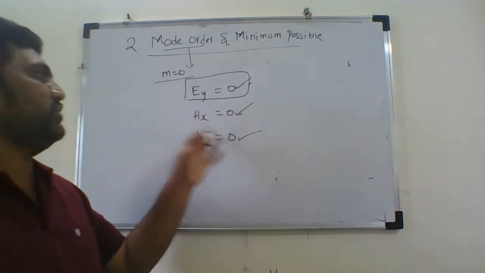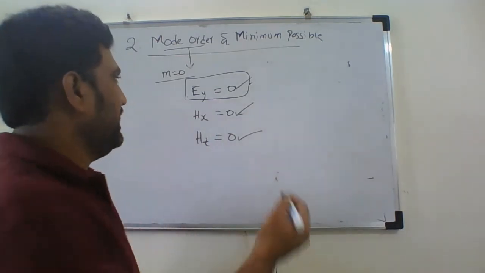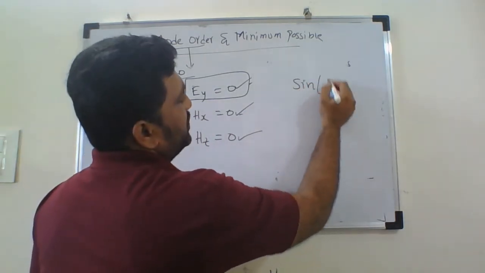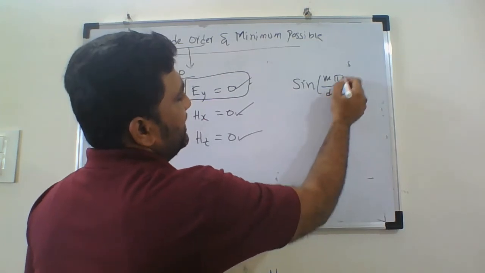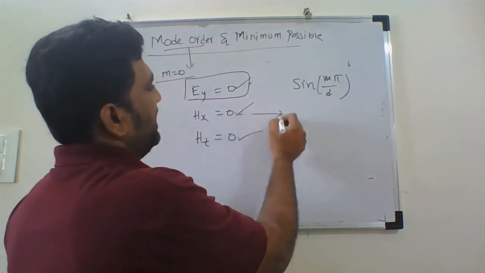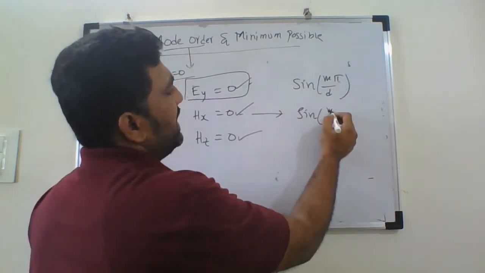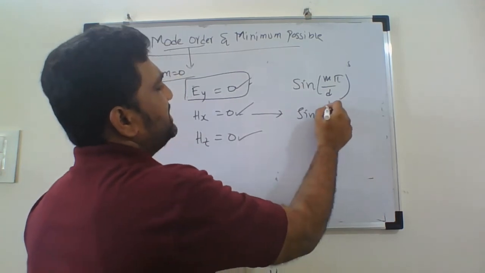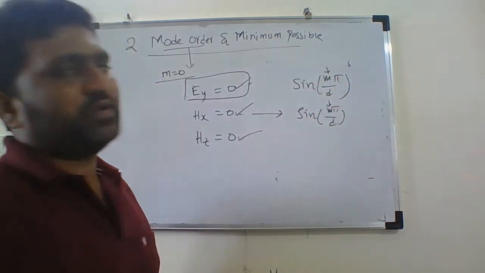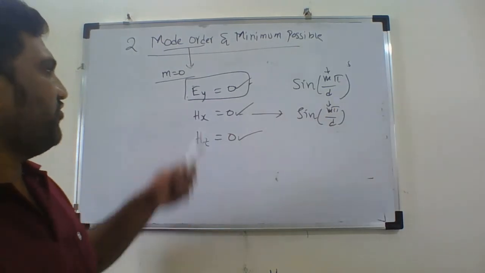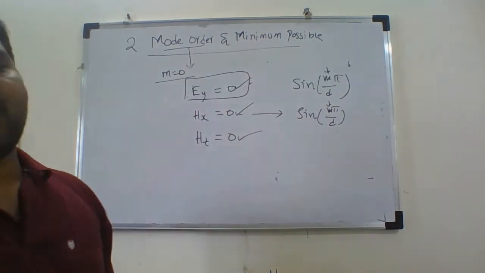These two values go to 0 because EY is a sinusoidal variation, sine of m pi by d. Similarly this is also a function of sine m pi by d. Whenever m is equal to 0, sine 0 is always 0, so EY and HX will become 0.